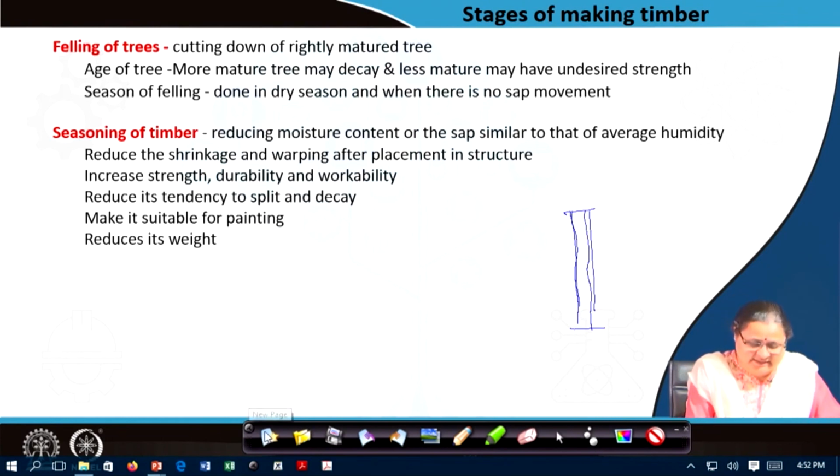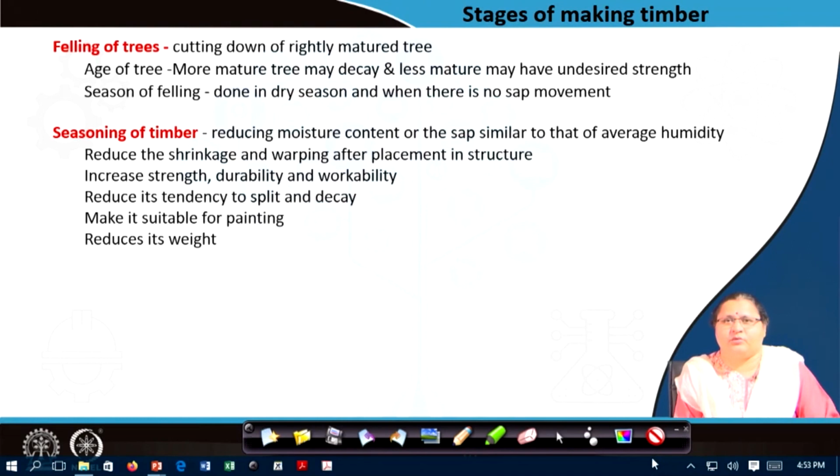What does workability mean here? Workability means cutting of the log. You can work on it if it does not have more sap in it. It also reduces splitting off. Splitting against the annual ring is a very common phenomenon if it is not properly seasoned.